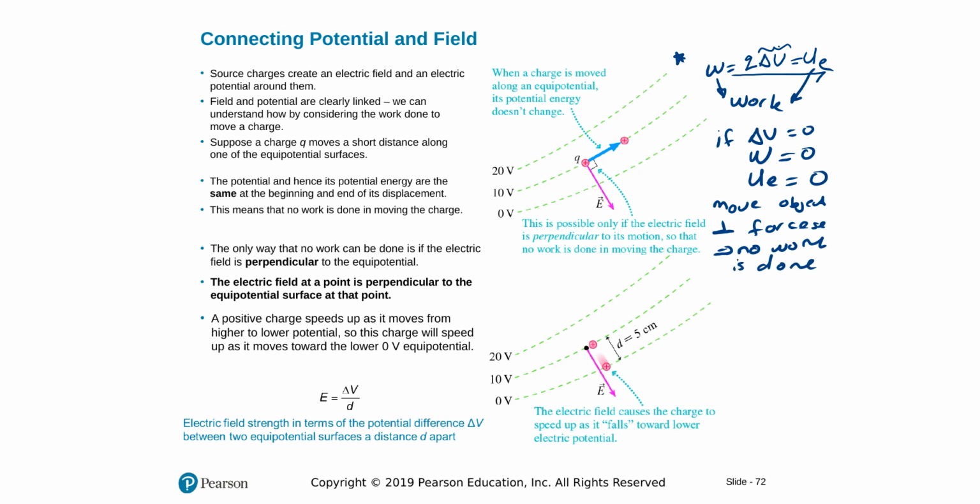That means if I'm not doing any work, let's say I have this line over here, 10 volt, I carry a positive charge along that line, I do no work, no storing of electric potential energy. This tells me I'm moving this charge perpendicular to the electric force applied to this charge, QE, right?